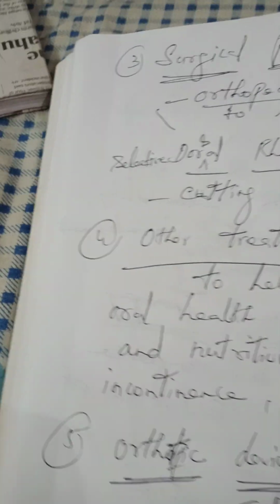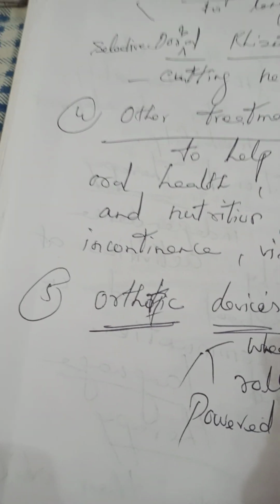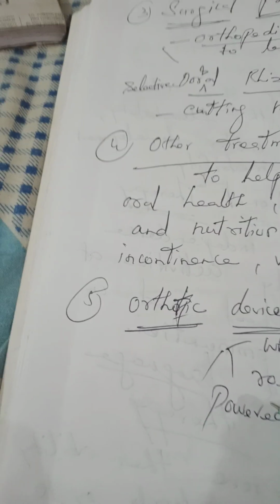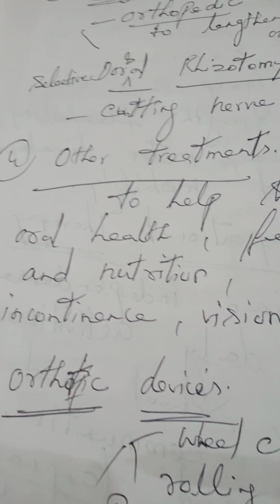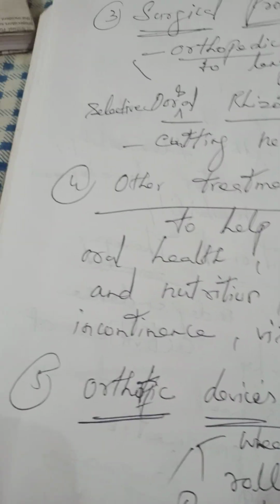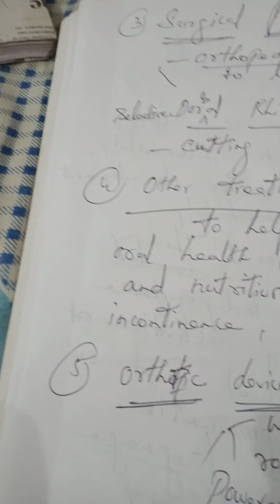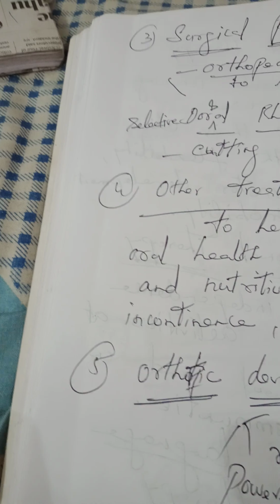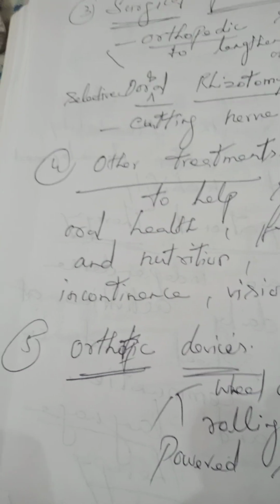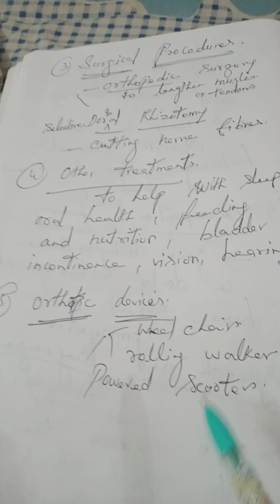Other treatments. They have problems with sleep, oral hygiene, feeding, nutrition, bladder incontinence, vision and hearing. So for all these, other treatments are given to treat these problems: sleeping problems, oral health problems, feeding problems, nutrition problems, bladder incontinence, bowel problems, vision problems and hearing problems.